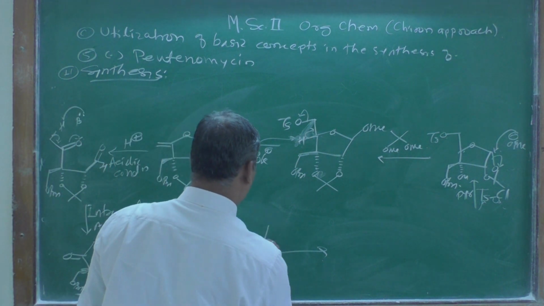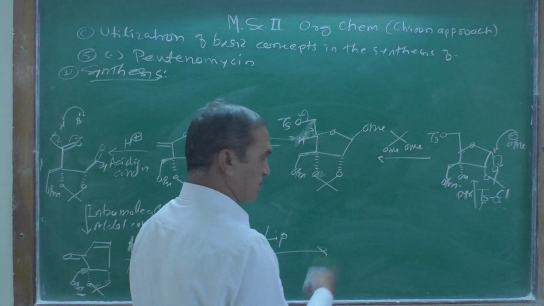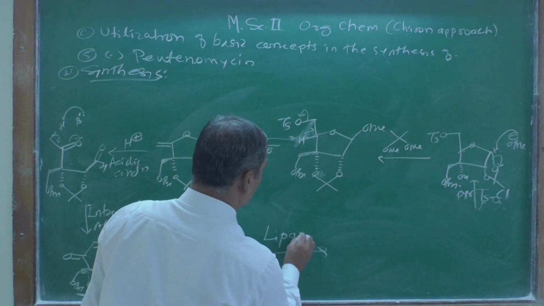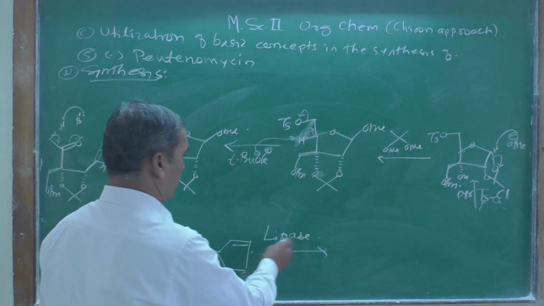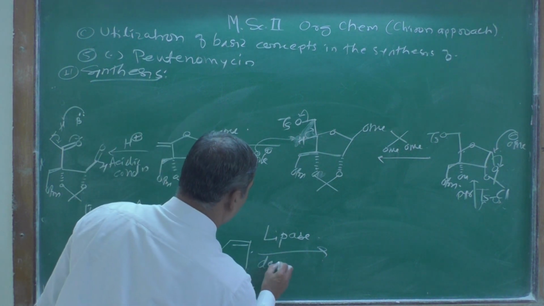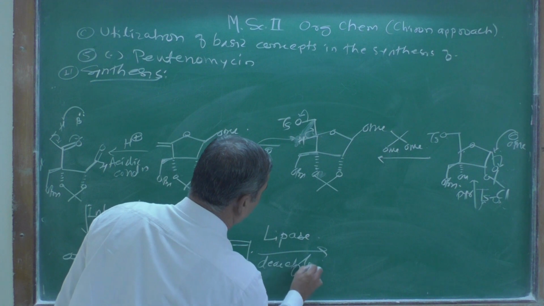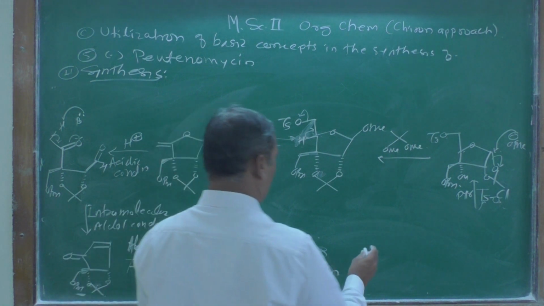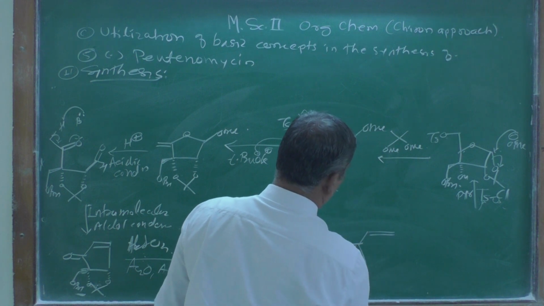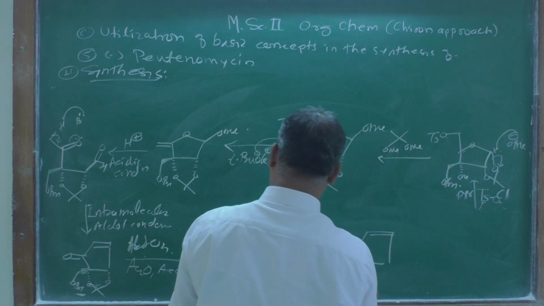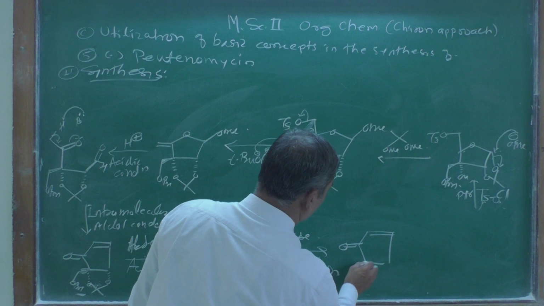This is called lipase, that is the enzyme catalytic reaction, lipase. This is an enzyme used, a natural enzyme used over there, and a deacetylation reaction takes place, and we are going to get our final product, which is minus pentenomycin like this.